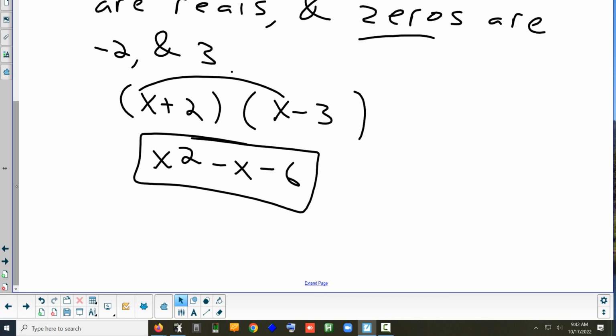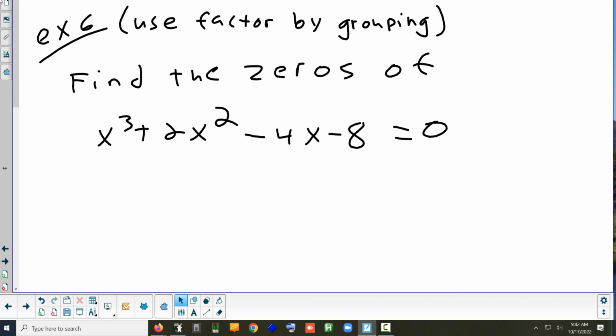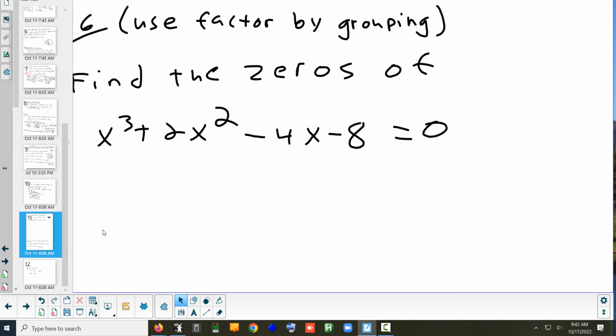Any questions on how we got x squared minus x minus 6? The minus x, negative 3x plus 2x. Negative 3 plus 2 is negative 1. Negative 1x.